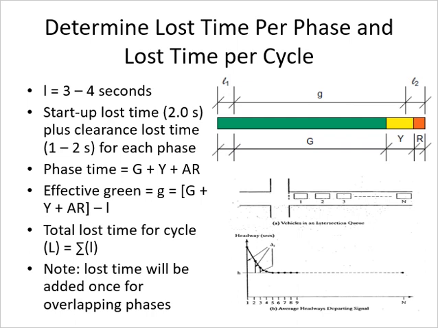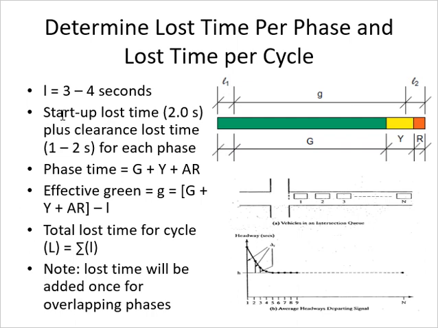It depends upon the movement, not how many phases are being changed. If the movement is not stopping, it will not encounter the clearance loss time. If it is not starting again, then it will not have the startup loss time. So startup loss time happens when the movement starts. Clearance loss time happens when the movement has just ended. It depends upon when the movement has started and ended.